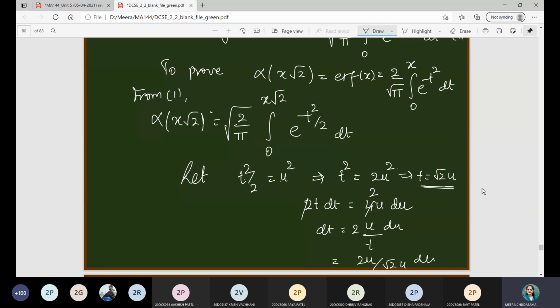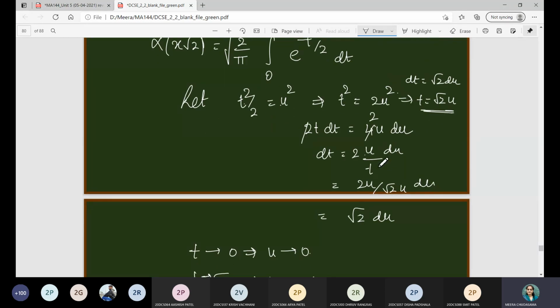From this one you can also directly evaluate dt is equal to root 2 du. No need to go for these calculations further.